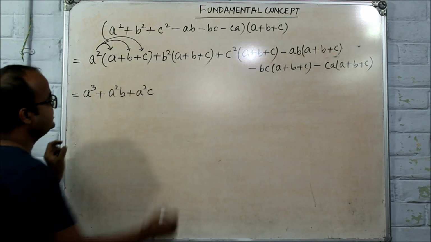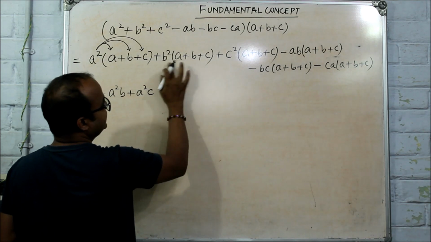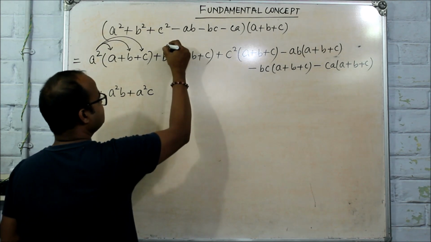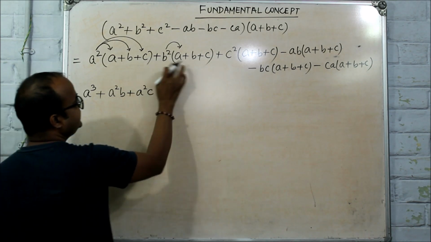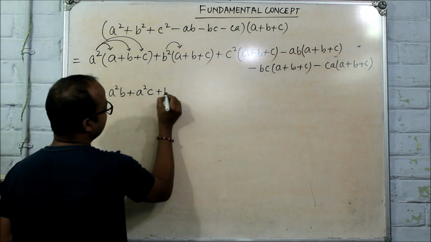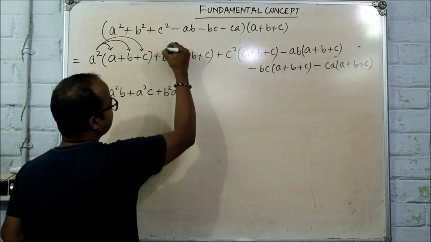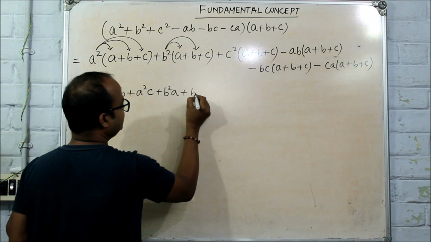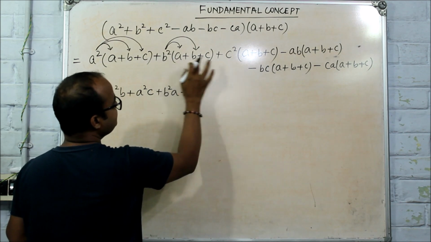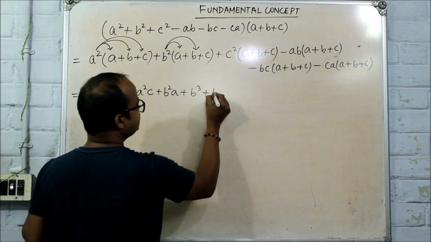Moving to the next, plus, and all the signs are plus, so all the signs will be positive only. Now if you multiply these two, you get b square a. b square into b is equal to b cube, b square into c, you get b square c.